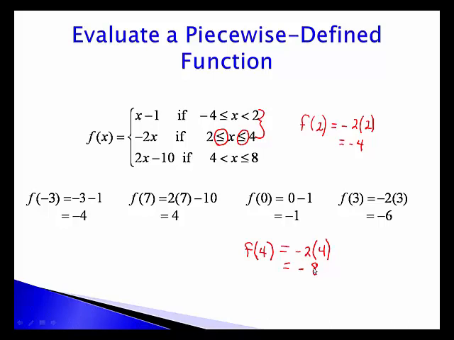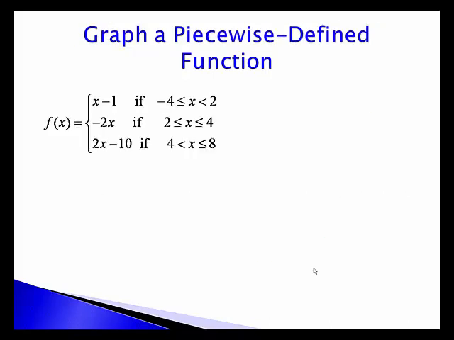Now let's look at how we can graph a piecewise defined function. Let's take the same function, but this time we want to draw a graph. Well, what we'll do to begin with is we will graph the line x minus 1. Now you can do this on your calculator, or you can do this manually, whichever way you want to go about graphing. But I want you to notice that we're going to graph the line x minus 1, and then we're going to cut it off.